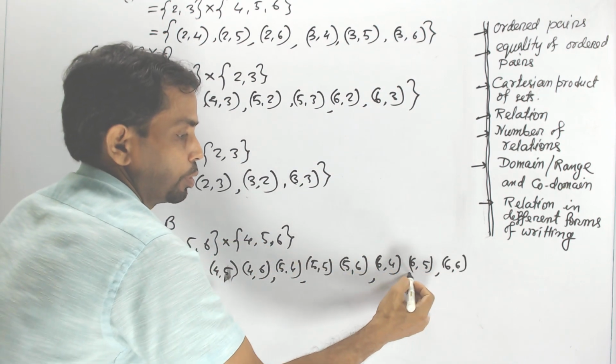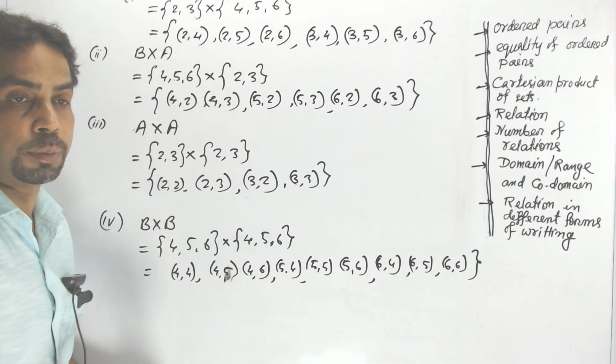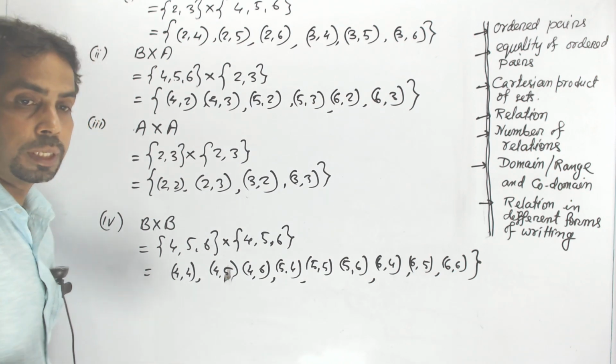So this is the product B × B. So this is how we find the Cartesian product. Now I can write the definition like this.